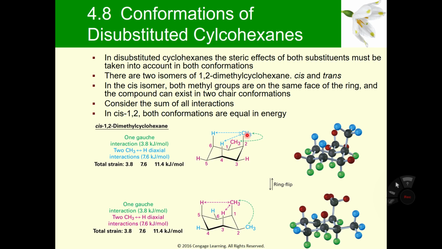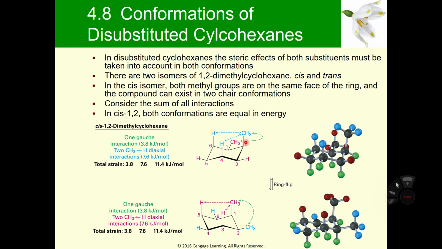If two methyl groups are on the same side, and because this is 1,2-dimethylcyclohexane, they are adjacent to each other. If they are on the same side but adjacent, in that case, if one CH3 is axial, then the other CH3 should be equatorial, because if you look here, this is axial and this is up, this is down, so the equatorial should be up.